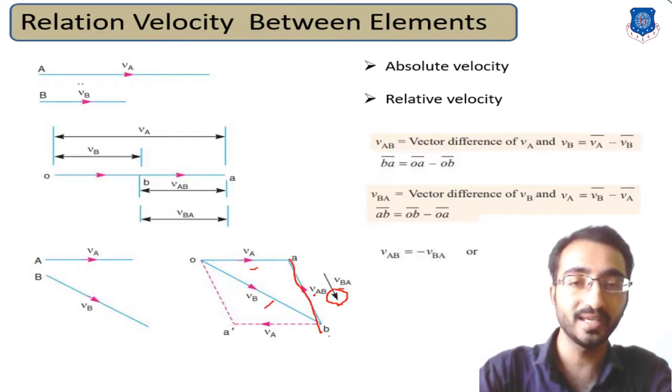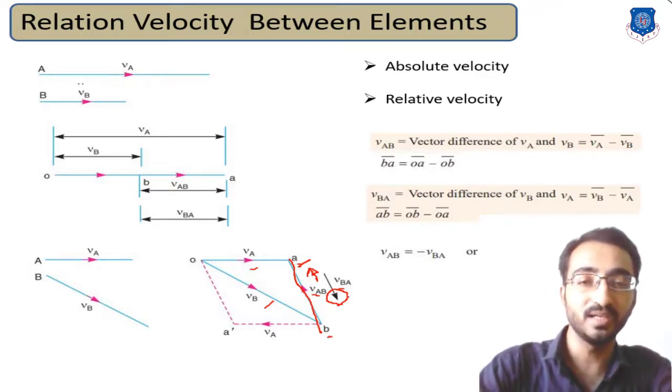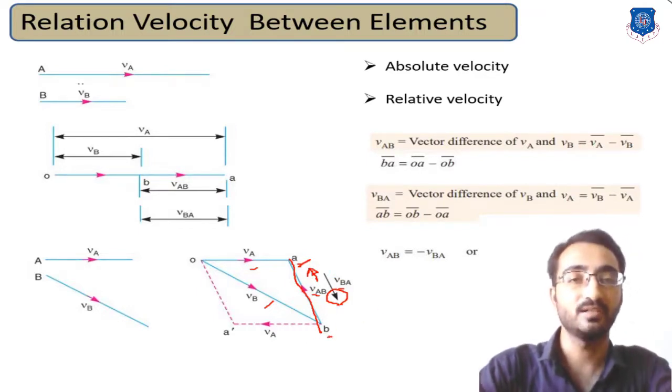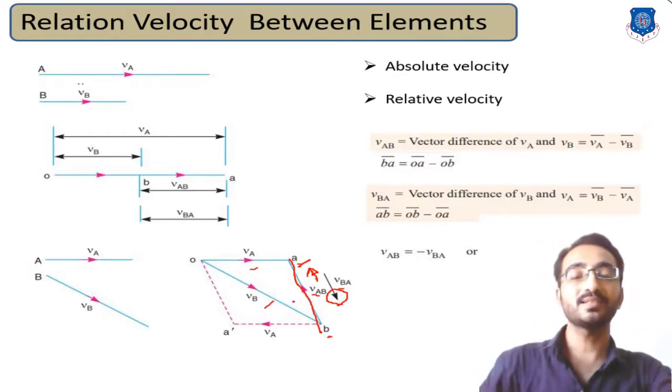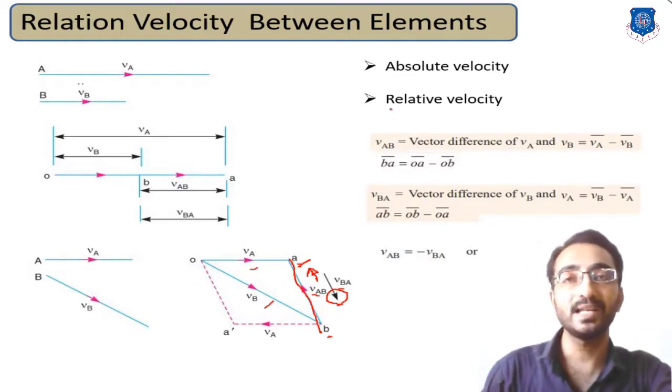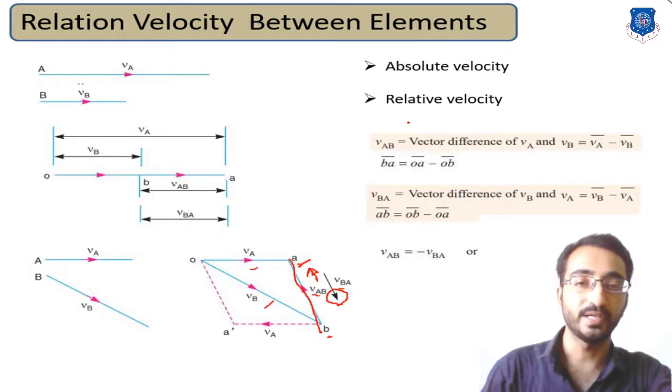If you put your head in the direction of point A, then it is known as the velocity of A with reference to B, and that will be in an upward direction. If you want to calculate the velocity of B, then it will be in a downward direction. So simply by using this graphical method we can calculate the relative velocity of different points.